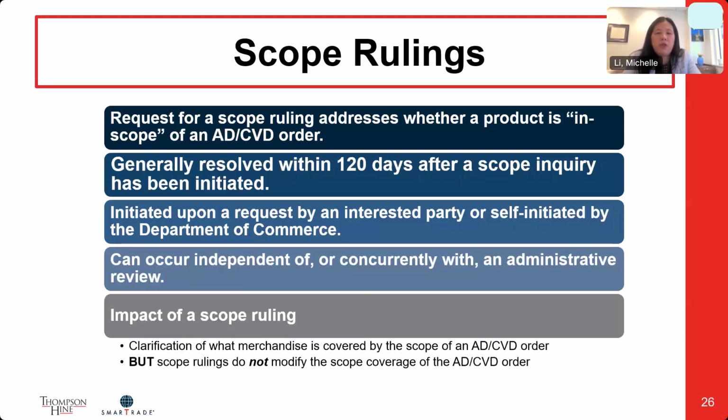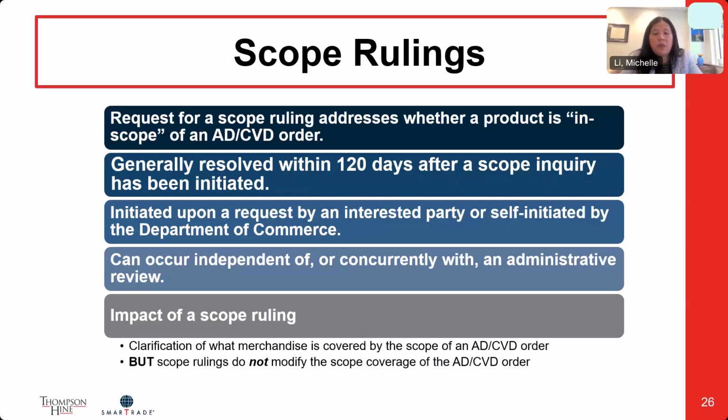But if you submit a request for a scope ruling, because you do want to know whether your products fall into the AD and CVD order, because you don't want an unpleasant surprise on a circumvention ruling or the cash deposit rate, you can file this scope ruling, which will address whether your product is in the scope of the AD or CVD order.